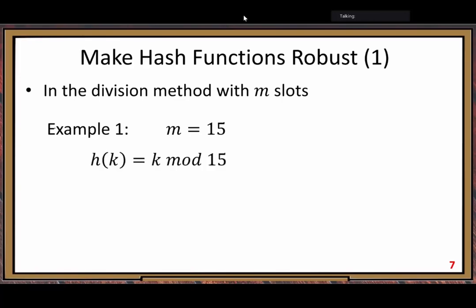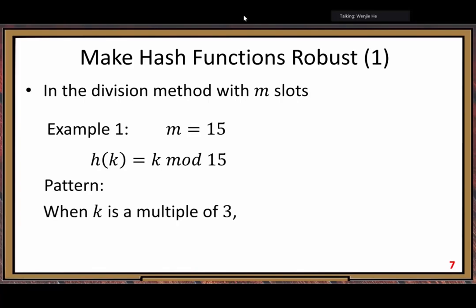If we take k mod 15, then you can see there is one simple pattern that can break this method easily. The pattern is if the key k is a multiple of 3.